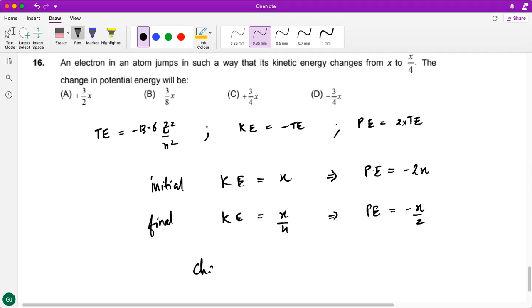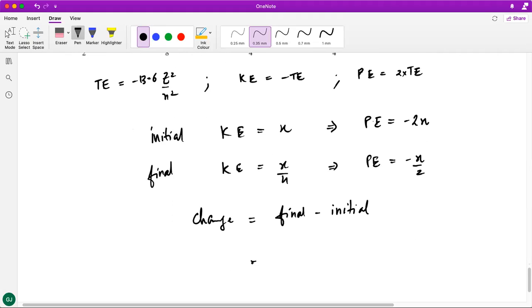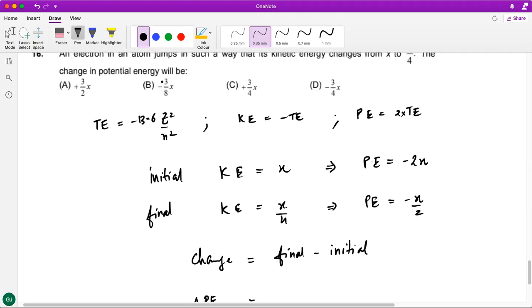So now change is always final minus initial. ठीक है, तो यहाँ पर change in potential energy delta PE, that is what is being asked in the question.